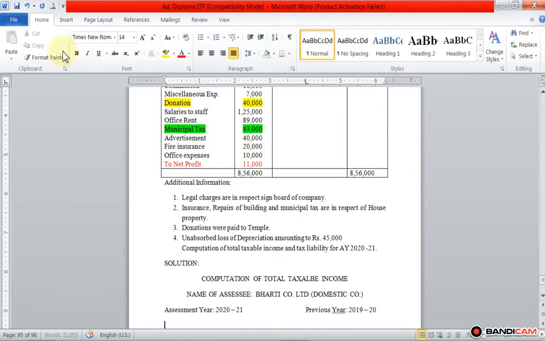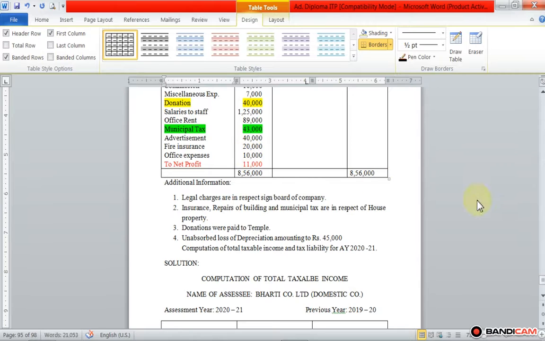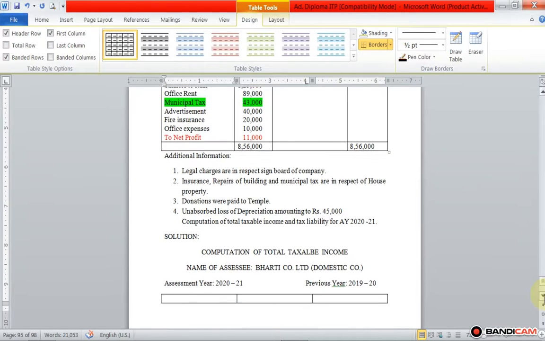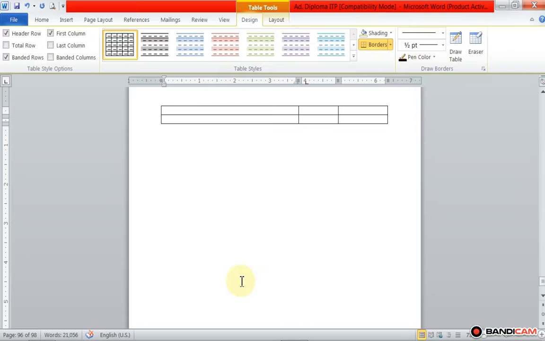Then prepare a 3-column table: particulars, rupees.